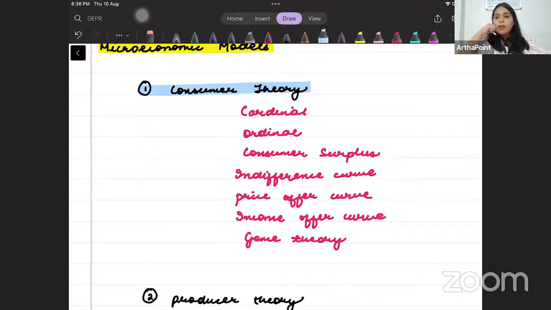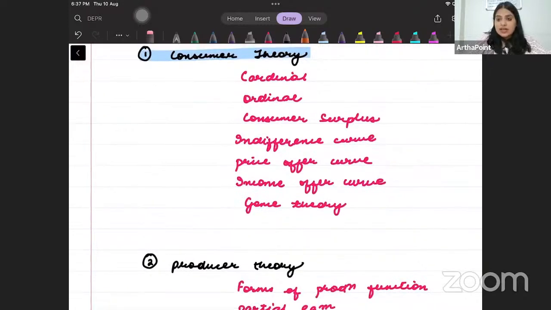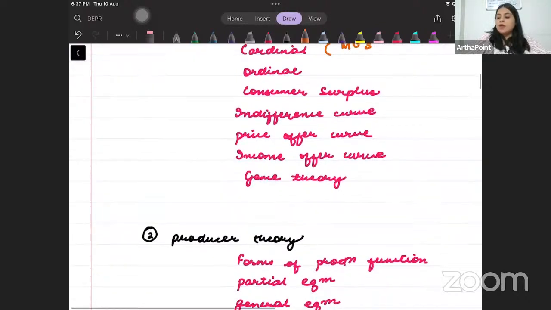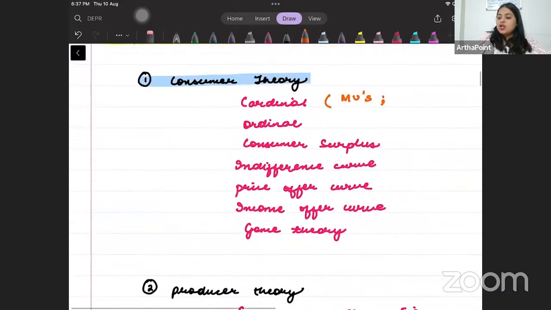So when we talk about consumer theory, you will have the cardinality approach. Cardinality approach matlab ki the approach which is around the numbers. है ना? Cardinal approach क्या होती है? Where you talk about utilities, marginal utilities. The approach which talks about marginal utilities, which talks about marginal utility of income, right?